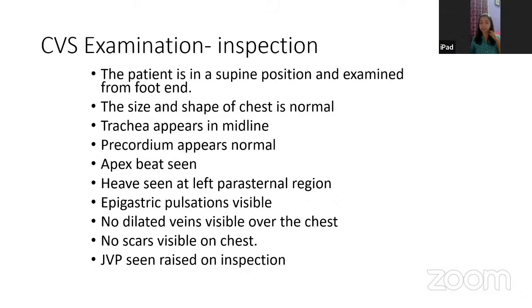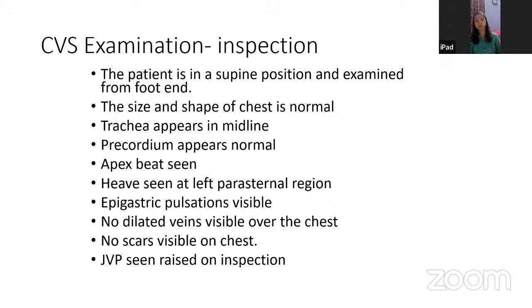Centimeter of water. Now, why do we always select the right IJV? Why can we not use the left IJV? Because mostly JVP is due to right heart problems. Is that the reason? No, because on the right side, the jugular vein is linear and it ends in the superior vena cava.